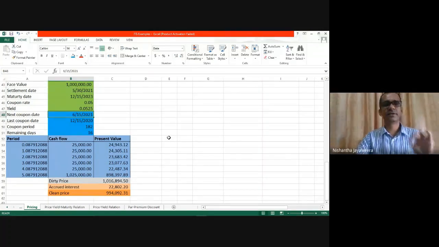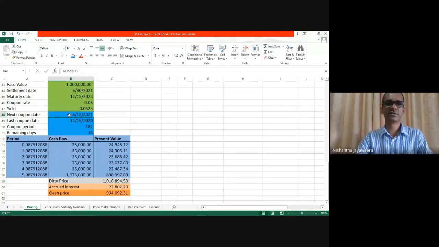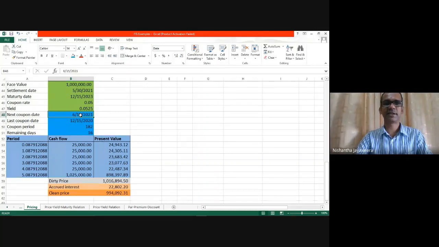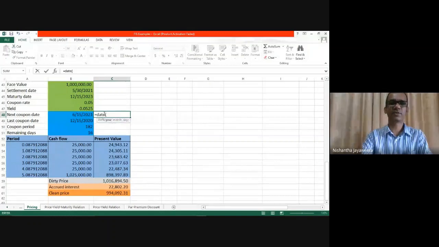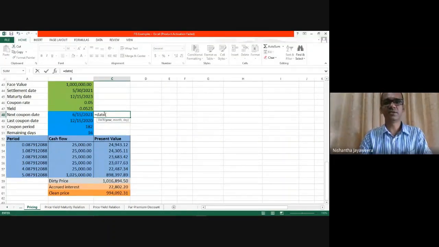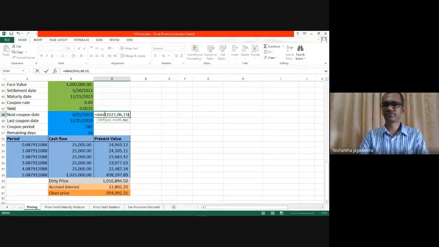Just enter it. Remember, if you have to use Excel, first month, then date and the year, or use the date function, then you can put year first, 2021, then the month and the date.